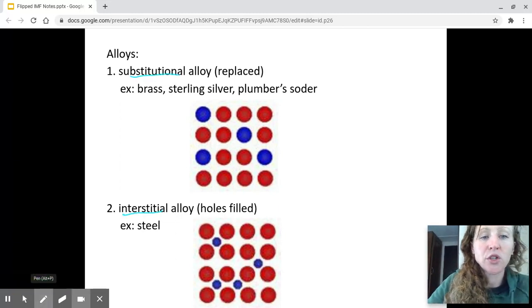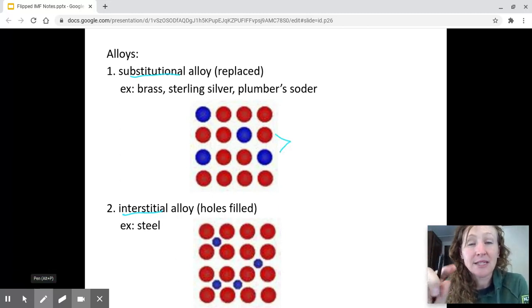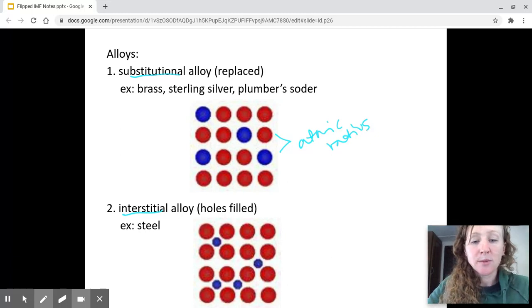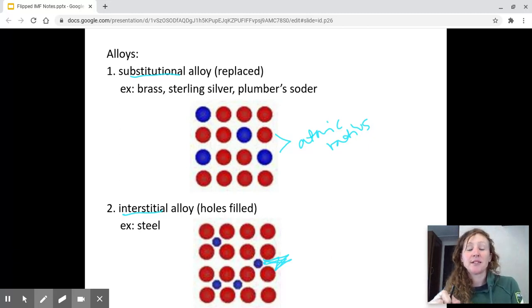So substitutional alloys are going to happen between atoms that have about the same atomic radius. The atomic radii are about equal. Interstitial alloys are going to happen between atoms that have very different atomic radii.